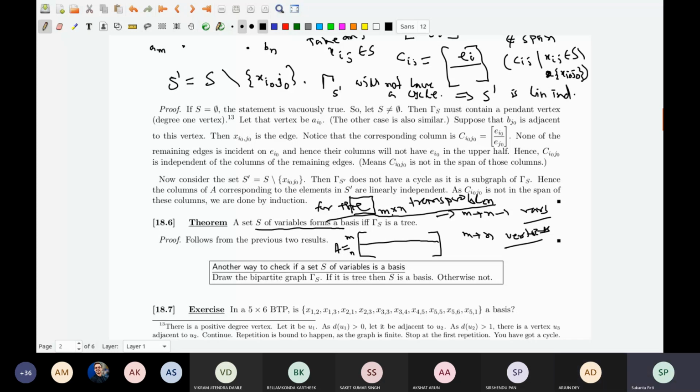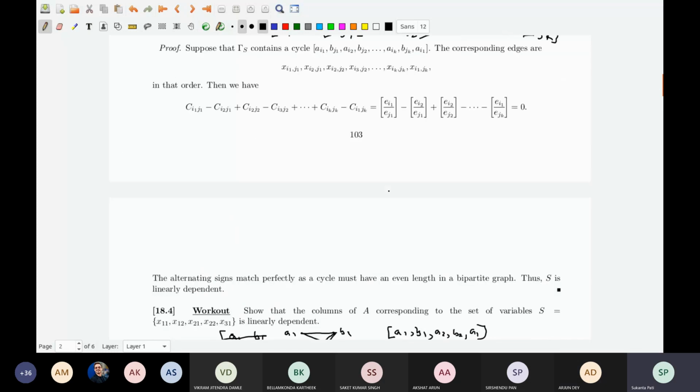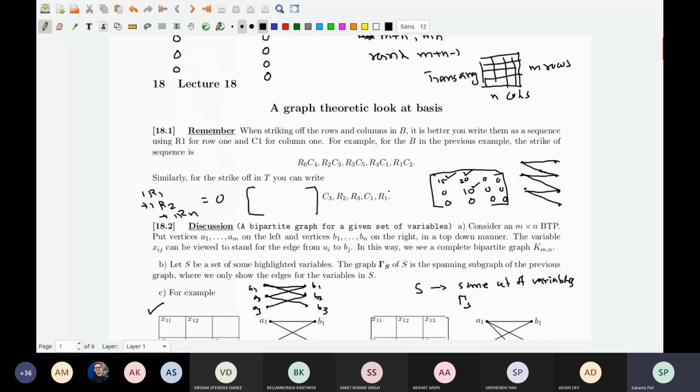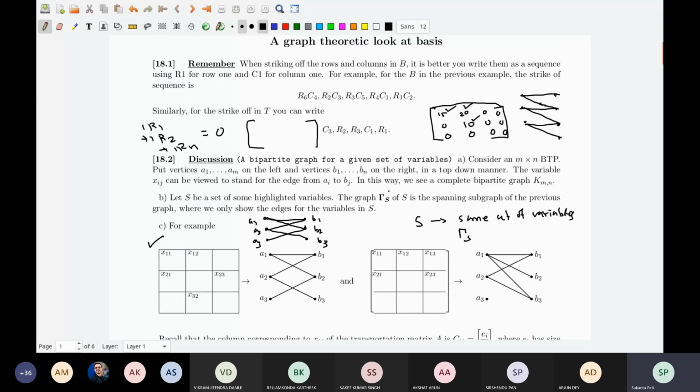Even if one is isolated, you keep it there. I did not show this correctly, because it says, consider an M by N BTP. Put vertices A1 to AM on the left and vertices B1 to Bn on the right. That's how you draw it.